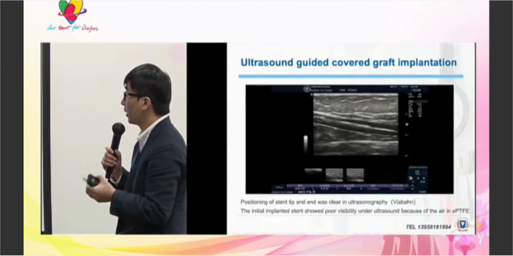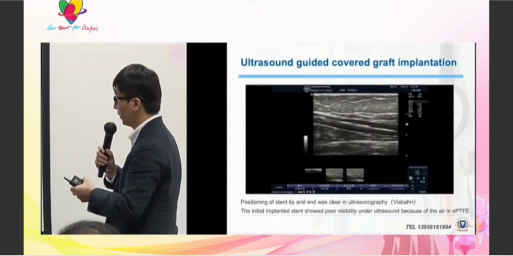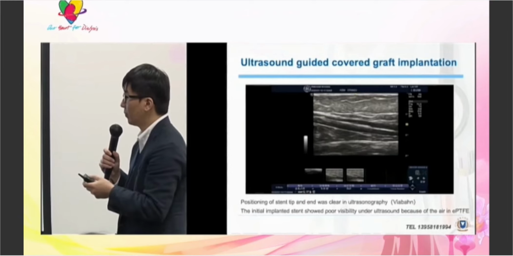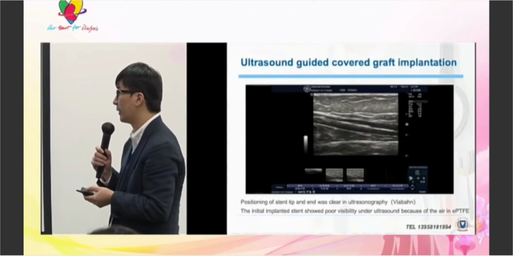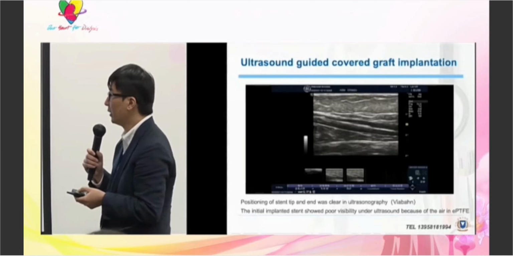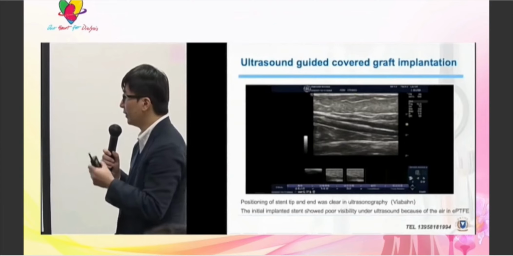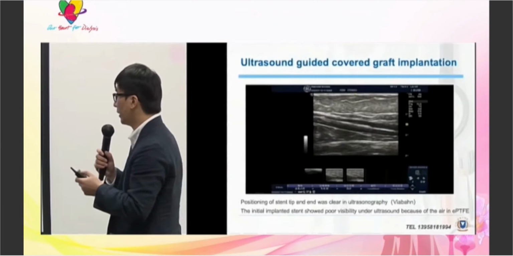Also, how about the covered stent? As to the wide-band stent, the positioning of the stent tip and end was clear in the ultrasonography, but the covered stent cannot be clearly seen in the ultrasound because of the air in the ePTFE.